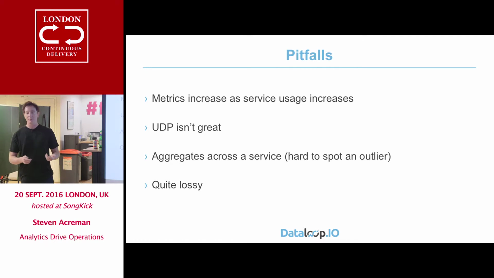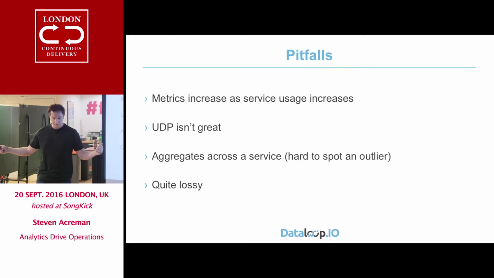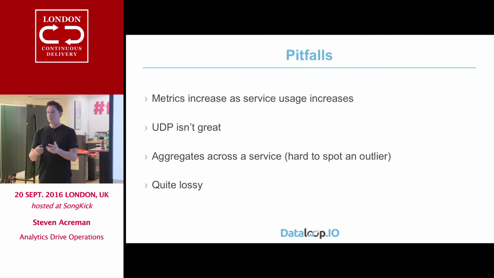UDP is not great. We'd have issues, and sometimes they were network related, and you just lose all the UDP packets. The other annoying bit about StatsD is you're normally taking all these metrics into a central point, and then performing calculations on them. So if it's a timer, you'll get percentiles, or if it's a counter, you'll get a rate, automatically calculated, but you lose all this data, it just aggregates it all.